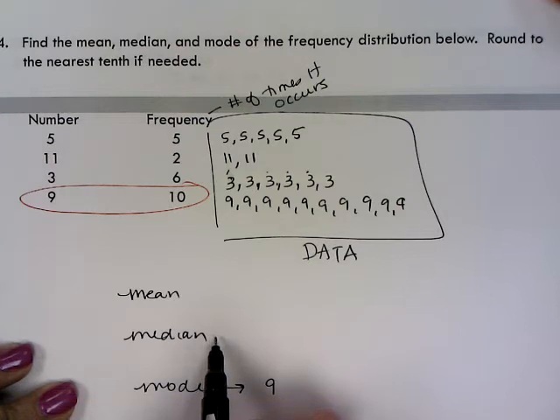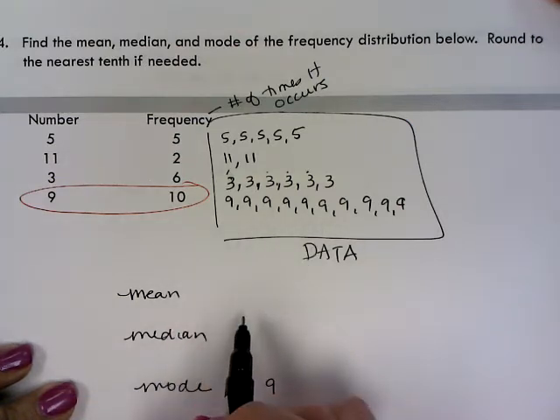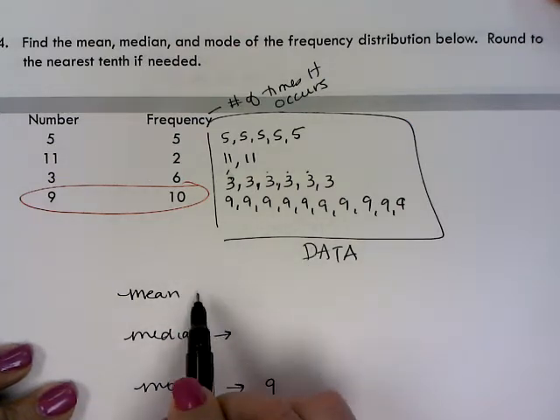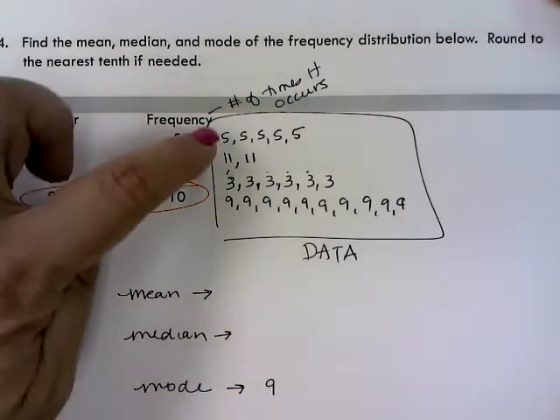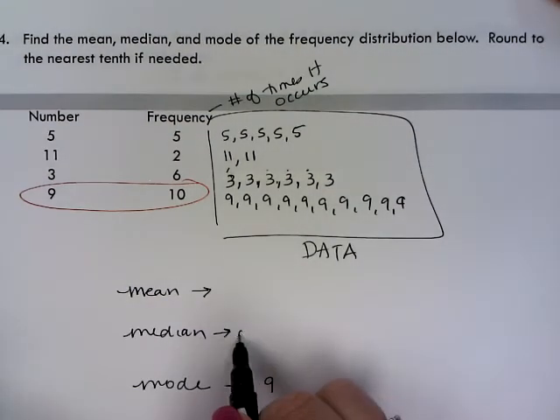The median, we're going to have to list all these numbers in order from least to greatest and count to the middle, or we can be super savvy and put them all on my calculator. Either way works. You need to be careful if you're counting to the middle number. They need to be in order from least to greatest.